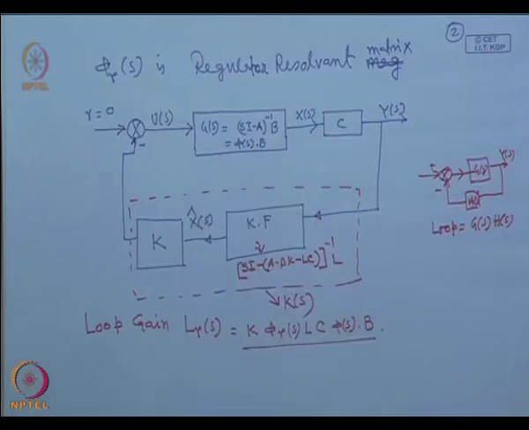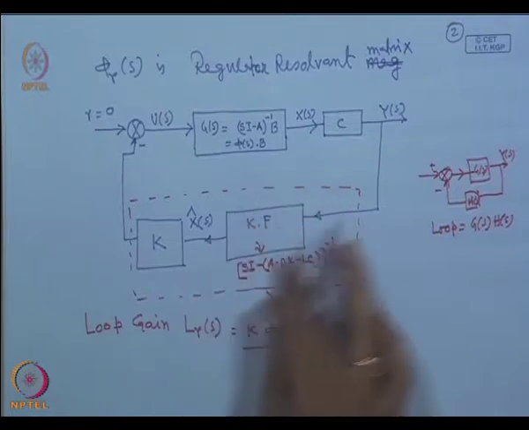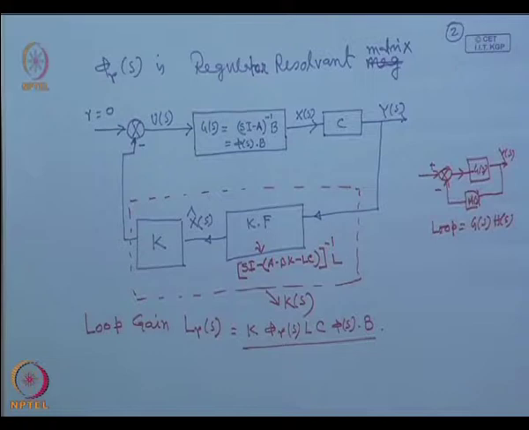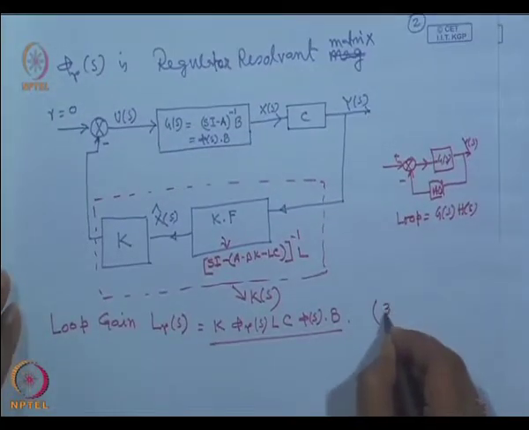If you look carefully at LQR, there our loop transfer function is K phi of S into B, because this filter is not present in the LQR. We assume that our states are measurable, all states are measurable. So, let us call this equation 3.